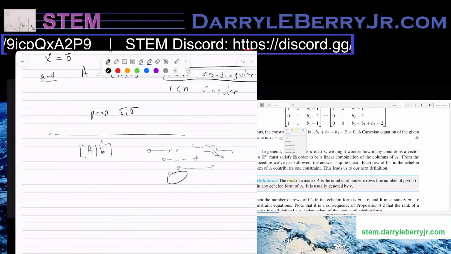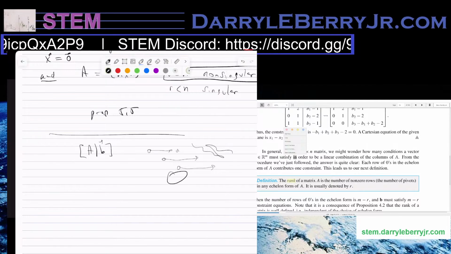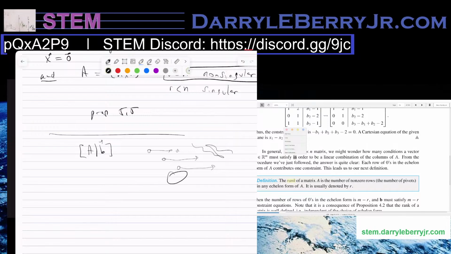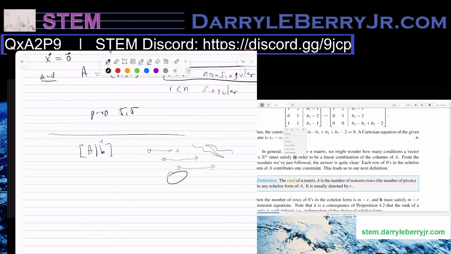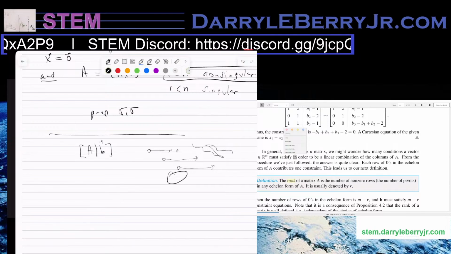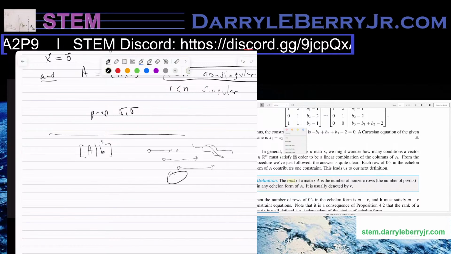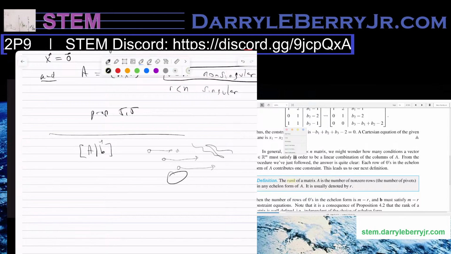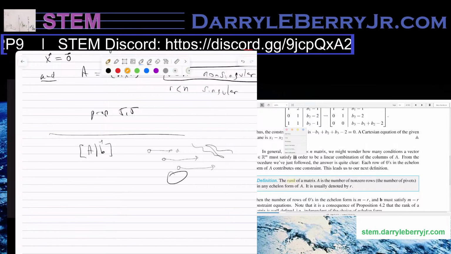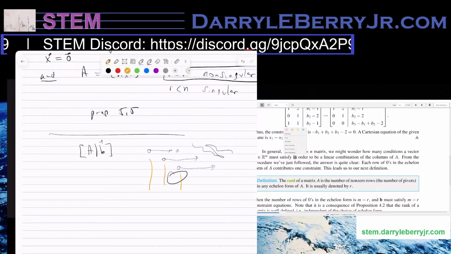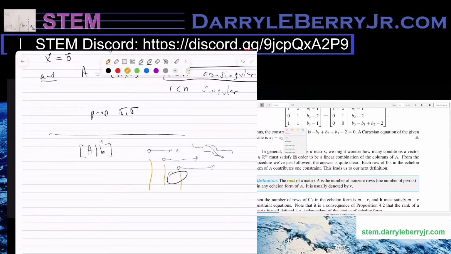The rank of a matrix A is the number of non-zero rows, the number of pivots in any echelon form of A. It is usually denoted by R. So rank, think row, the number of pivots. Each row that has a leading number with zeros underneath, count those up, that's the rank.